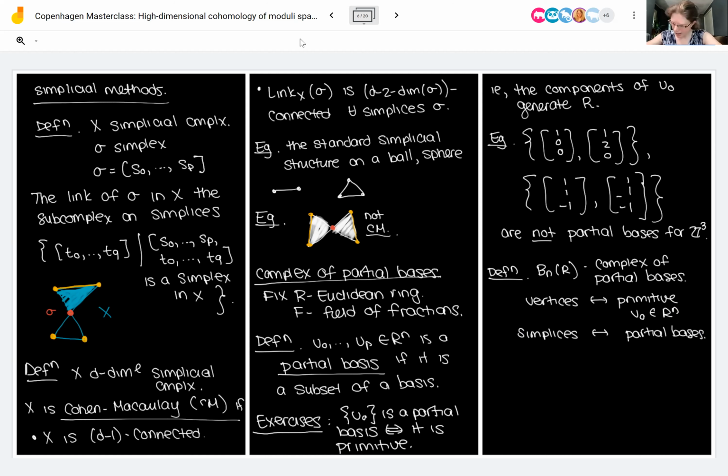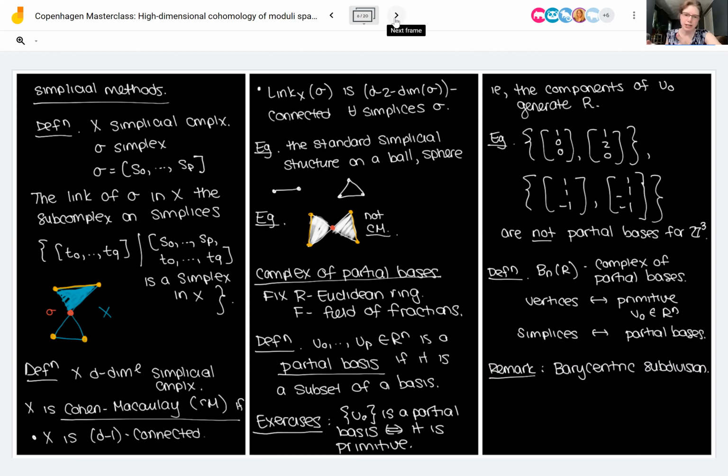And in fact, I would maybe prefer, instead of thinking about this simplicial complex, to think about its barycentric subdivision. So maybe I'll make this remark that in the barycentric subdivision of this complex, my vertices are now going to correspond to partial bases.